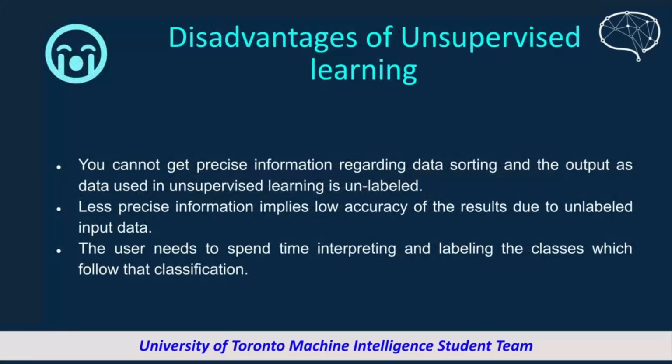We get less precise information, which implies low accuracy of the results due to unlabeled data. And lastly, the user needs to spend a lot of time interpreting and labeling the classes which follow that classification. So these are some of the disadvantages of unsupervised learning, but there are also various advantages, which we talked about in the slides previously.